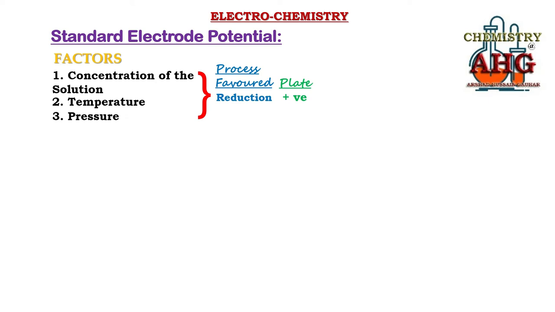Once the plate has become positive, mathematically you can guess that the numerical value of standard electrode potential has increased, it has become more positive. So it is quite simple to remember: if reduction is favored, the plate becomes positive, since the half cell has become the cathode, so the value of E naught would increase, or become more positive.